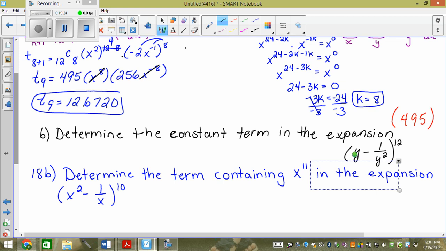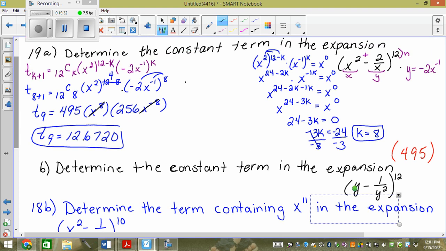So we still set this one up exactly the same. The only difference here is that we're not going to set this equal to x to the 0, which is a constant term. We're going to set it equal to x to the 11. That's the only difference.